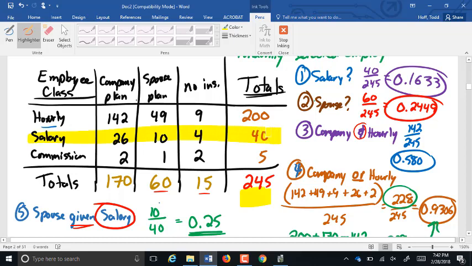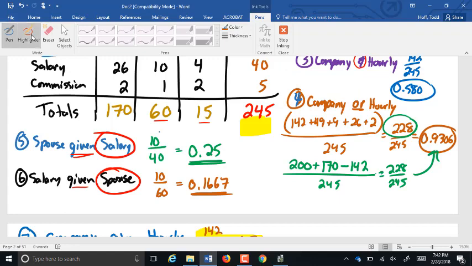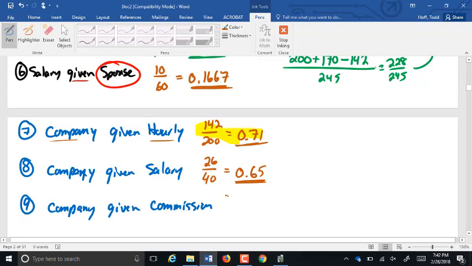And then the last one, for the commission, it's going to be 2 out of 5. There's 5 people on commission, and 2 of them are on the company plan. So 2 out of 5 in the commission class are in the company plan, so only 0.4 or 40%.